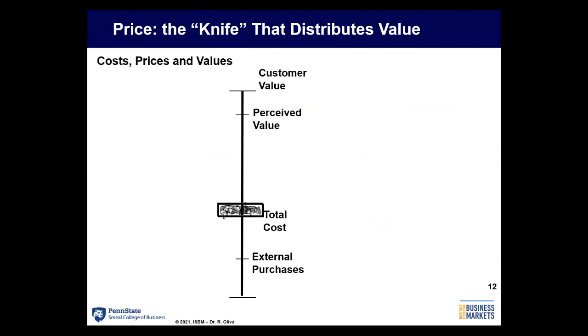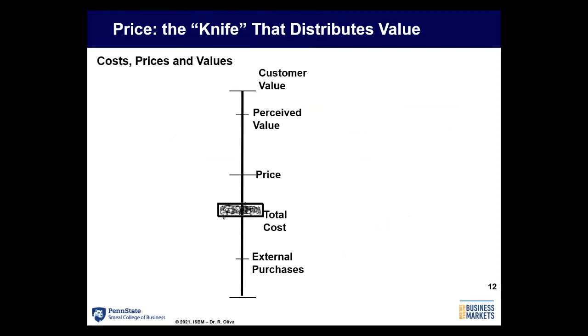So here, now you've created new value, a win-win kind of game, but then comes price. And price comes along and is the knife that distributes this value. Price is the knife that distributes value, a piece for your customer and a piece for us.